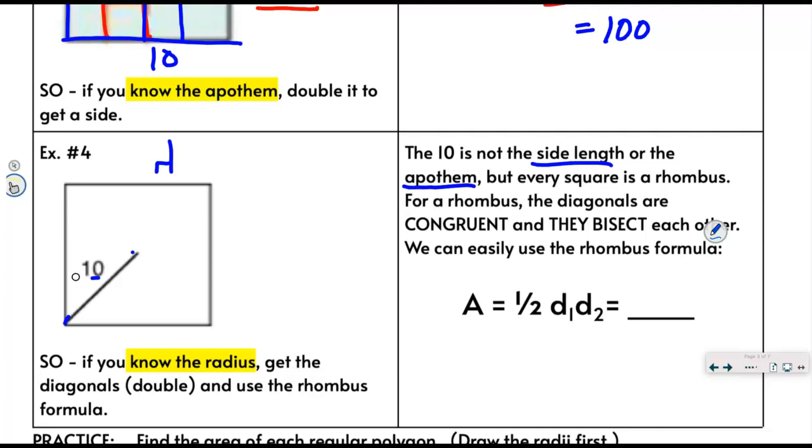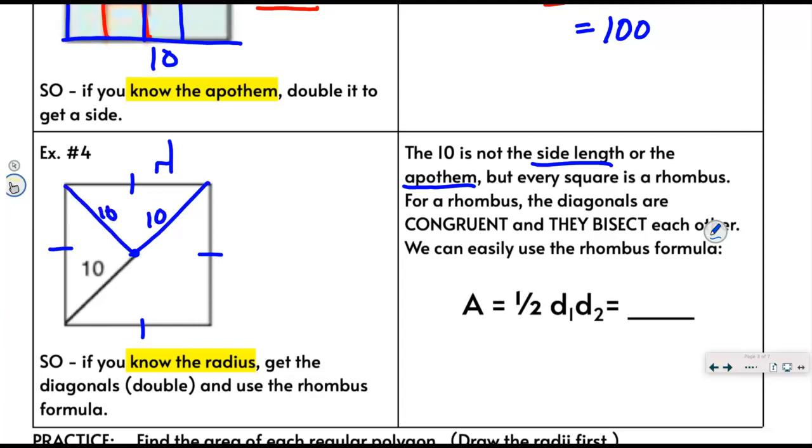However, every square is a rhombus because all of its sides are congruent, and that's what we need for a rhombus. For a rhombus, the diagonals are congruent and they bisect each other. So if half of it is 10, the other half is 10. And they're congruent on a square.